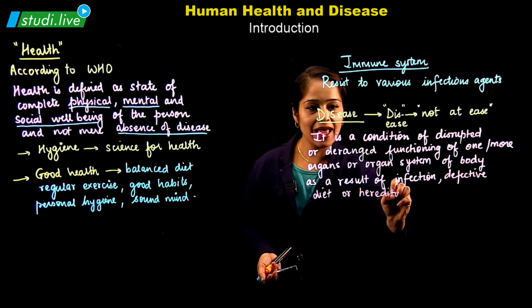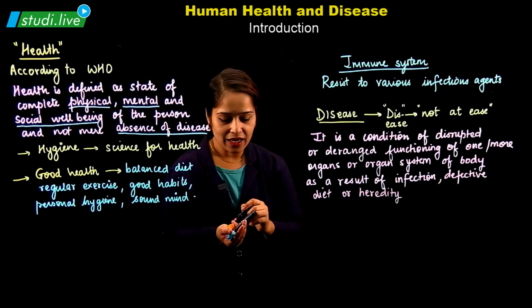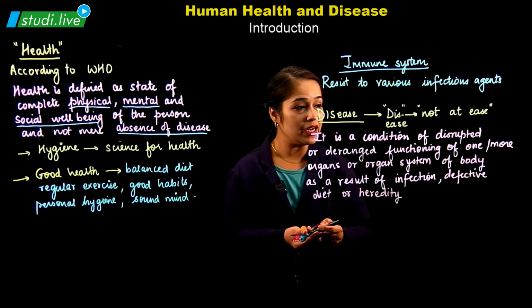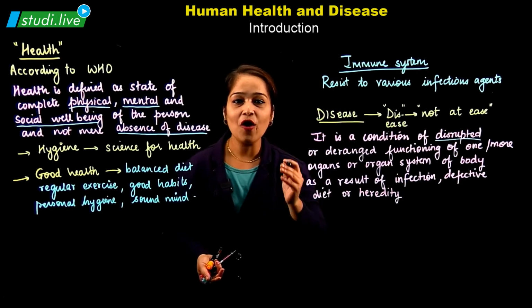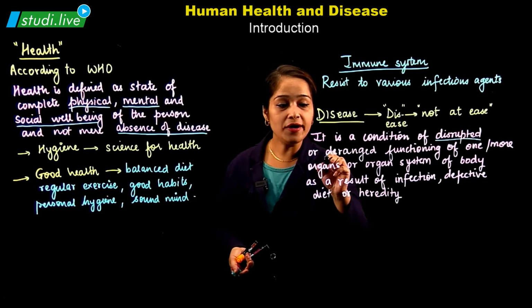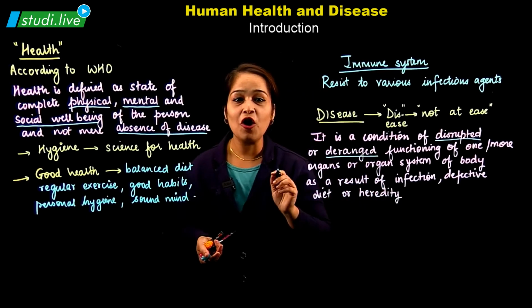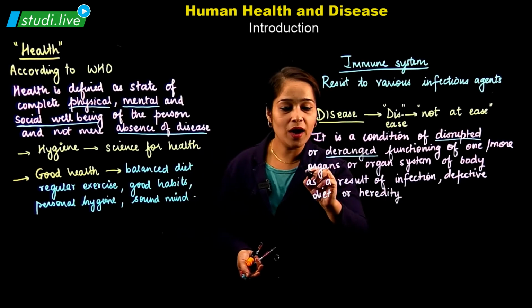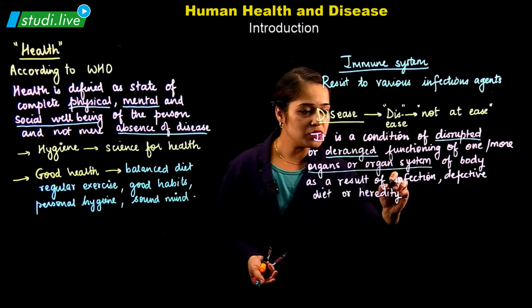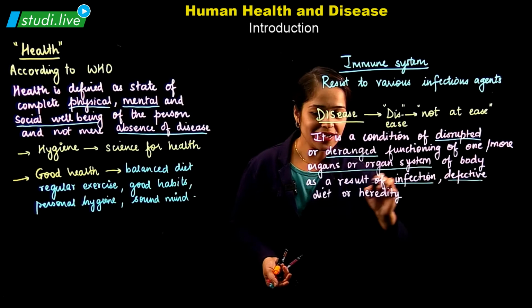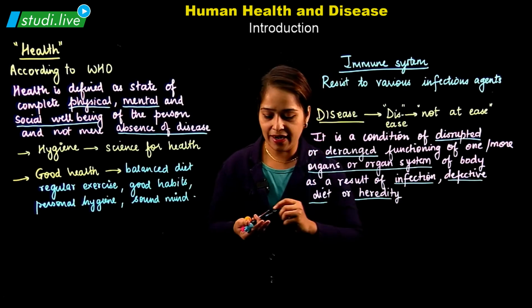Let us look at this definition again. Disrupted means it is being halted or stopped, or deranged, which means it is not properly functioning, one or more organ systems of the body. It can be because of an infection, defective diet or heredity.